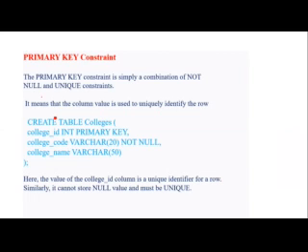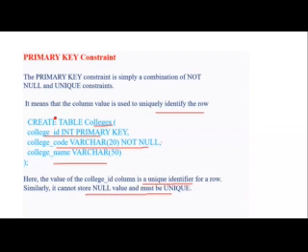For example, we create a table called colleges, college ID int primary key, college code varchar 20 not null, and college name varchar 50. The college ID is a unique identifier for a row. Similarly, it cannot store a null value and must be unique. That's the thing you have to remember: primary key is a combination of not null and unique constraints.